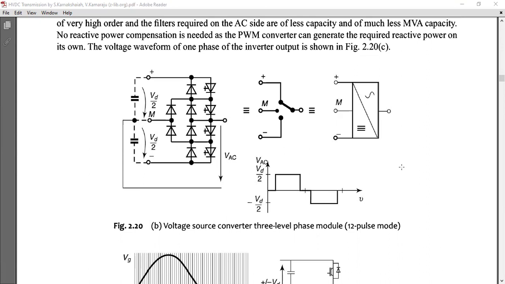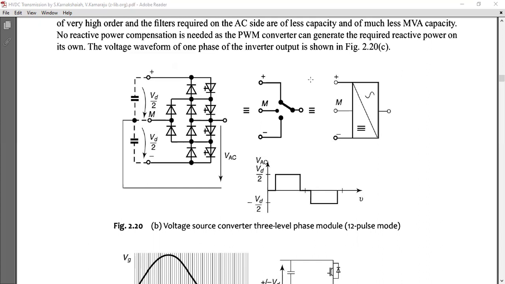These phase modules act like a switch, and they generate positive voltages and negative voltages. These positive and negative voltages will be in the form of square pulses from the AC for each phase.